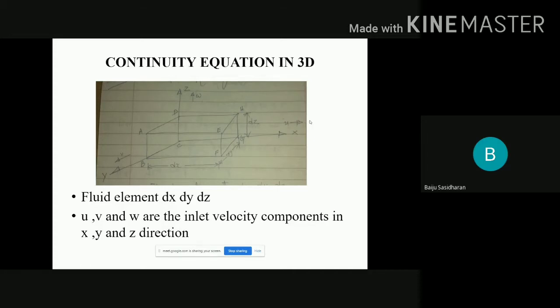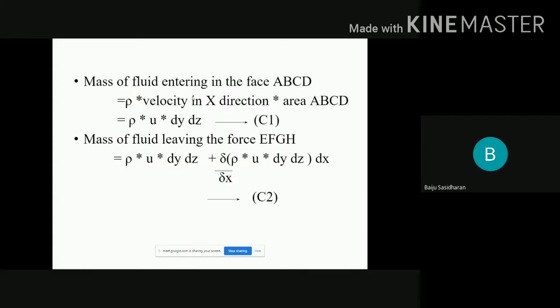Now see, the mass of fluid entering the face ABCD is equal to rho A V, that is rho into area ABCD into the velocity in the x direction, that is rho u dy dz.